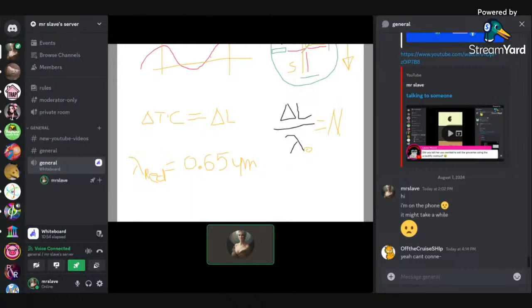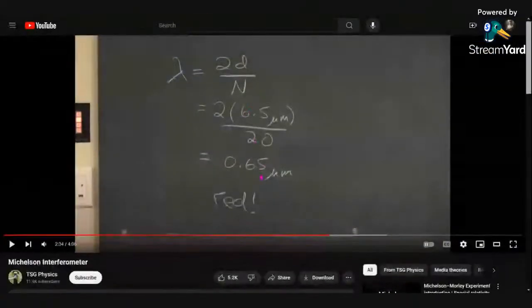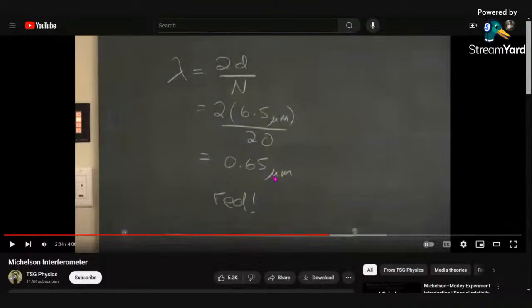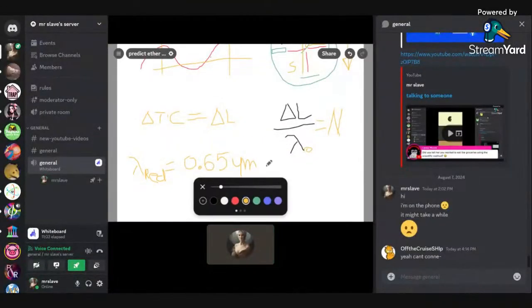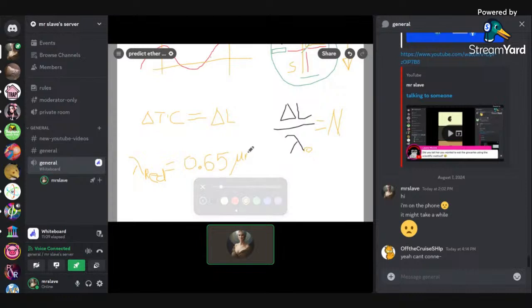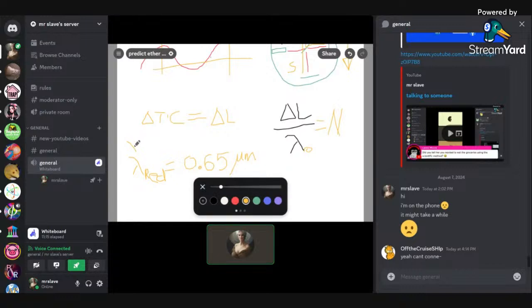No, it's the other way. Let me show you. See, micro is like a U, but with the beginning elongated. Okay, so it's micrometer. Assuming lambda naught is defined, assuming it is lambda red, it's 0.65 micrometers.